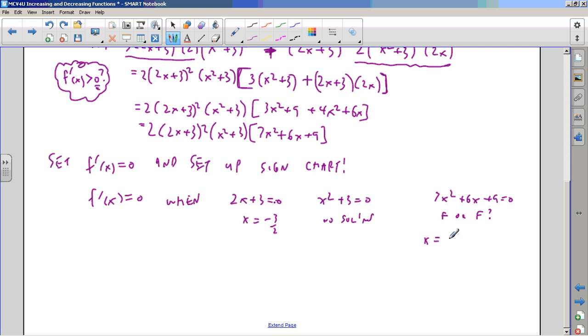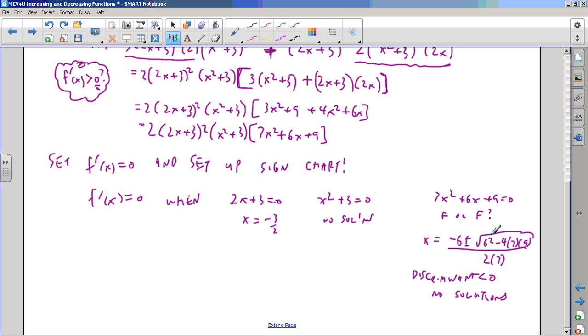X equals negative b plus or minus the square root of b squared minus 4ac all over 2a. And if you're using your quad solver, yeah, you can use your quad solver, but what happens here is this is negative. The discriminant is negative, no solutions.